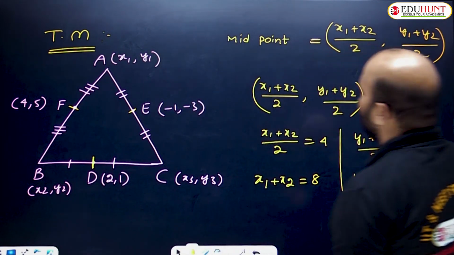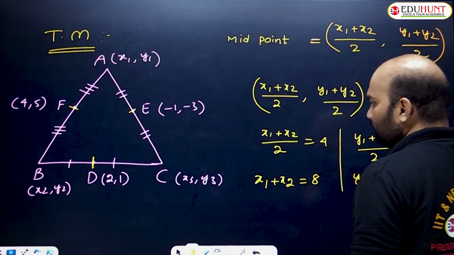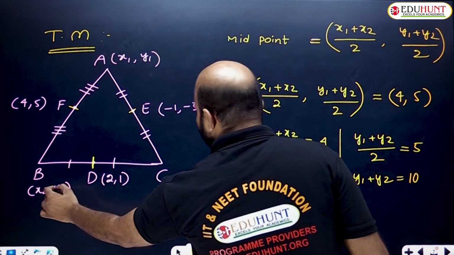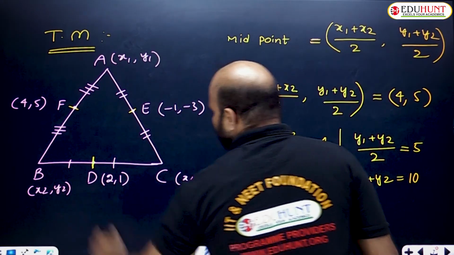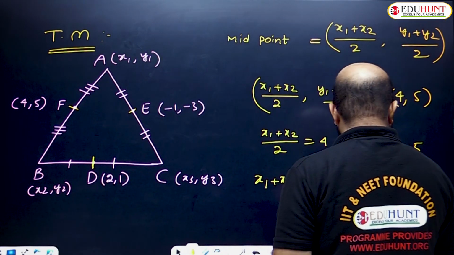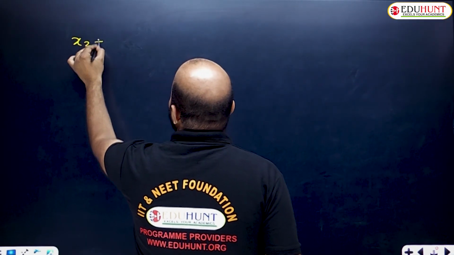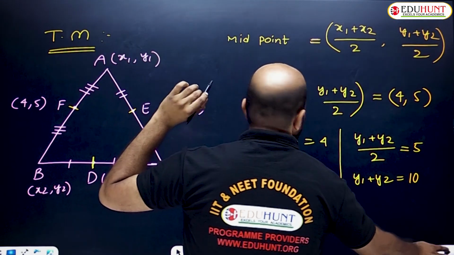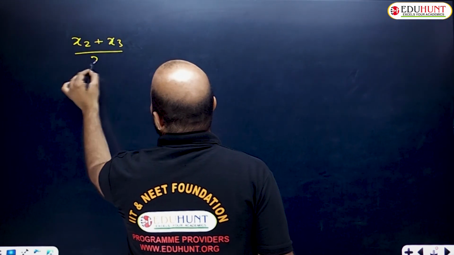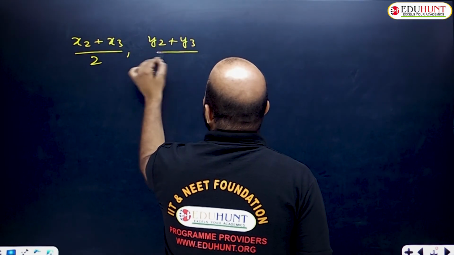And similarly, we can find the midpoint of B and C. So what is the midpoint of B and C? x2, y2 and x3, y3 are the coordinates of B and C. By using the midpoint formula, x2 plus x3 by 2, comma y2 plus y3 by 2.